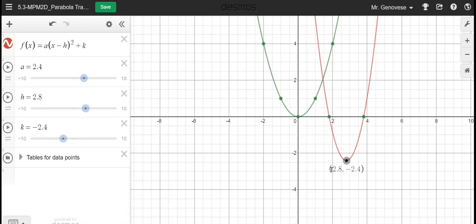If you look at the location of the vertex, it's 2.8, comma, -2.4. And that perfectly matches the h and k values that I've used in the sliders off to the side here. So it's a perfect connection between the aspect of what the vertex is all about.